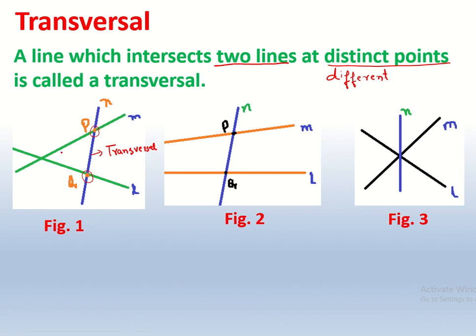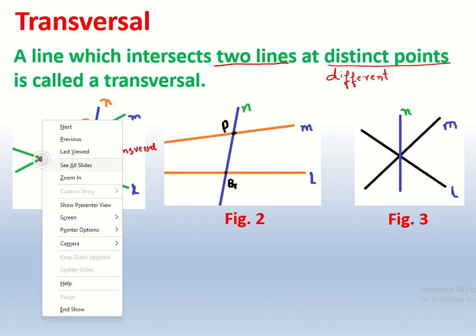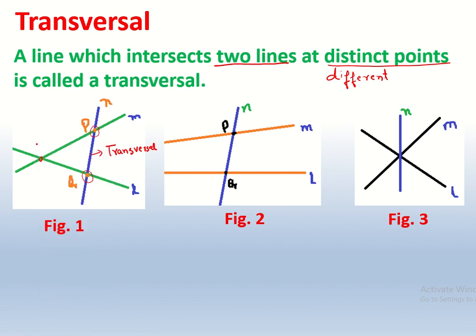Again, let's consider the point of intersection between L and M as R. We can see that line M is intersecting line N at P and line L at R. So we can say line M is also a transversal.